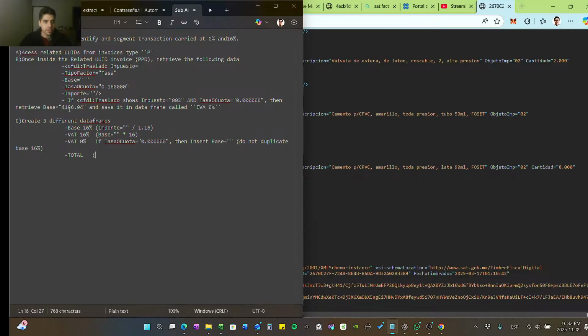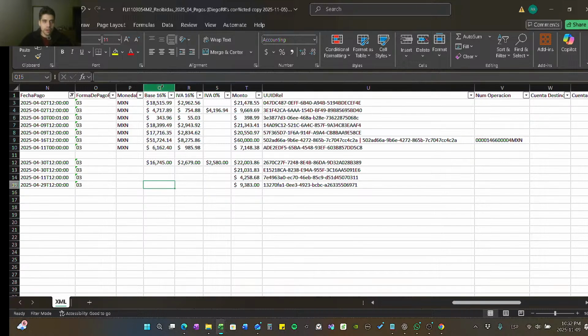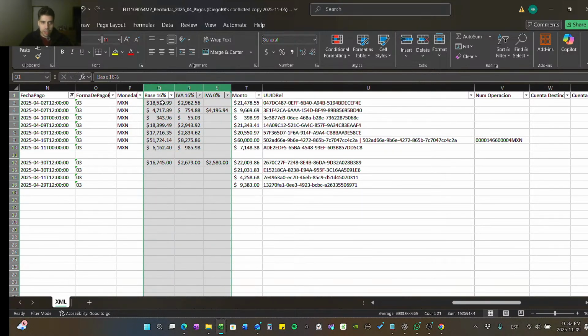Remember, these words right here, it's me creating these three columns right here. It's just that each column has a specific math logic. In this case, it's pretty simple, but the more advanced processes I get to automate, the more difficult it will be for me to build the math logic.